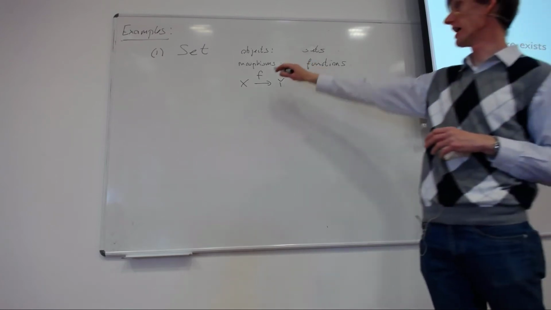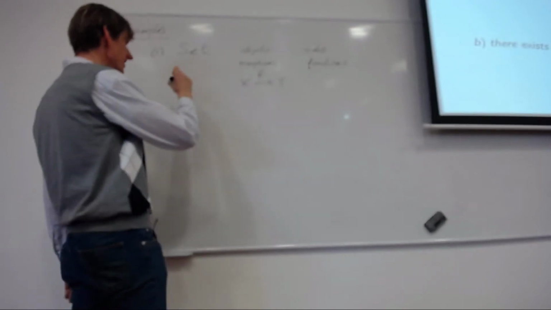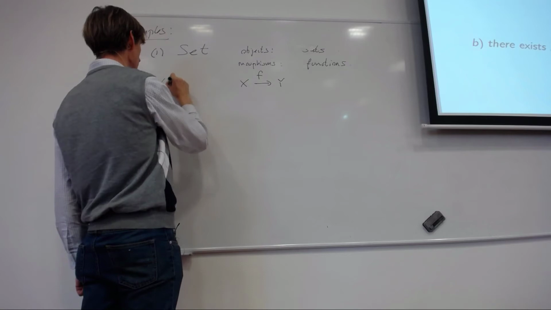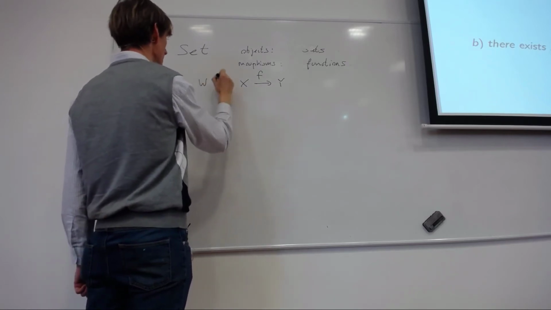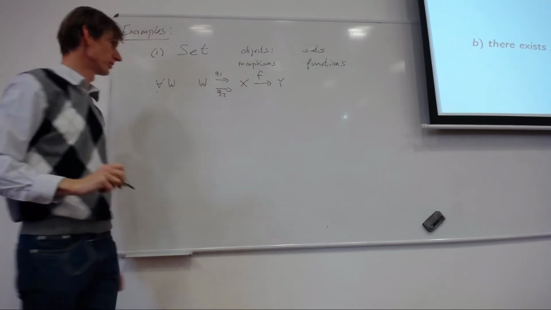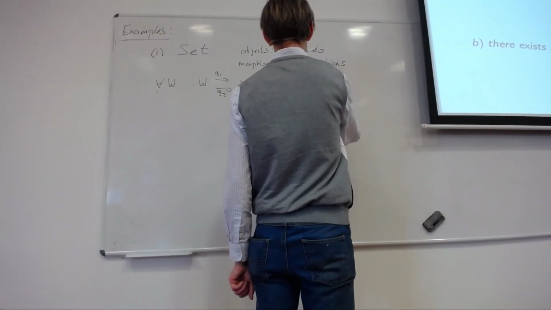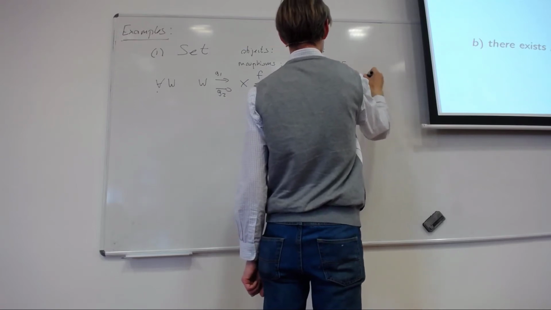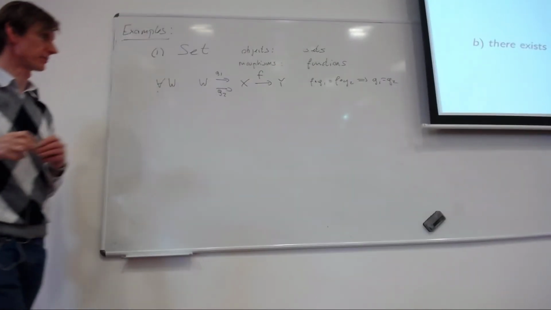So basically, an arrow f would be injective, or would be a mono, if for every object w and for every maps g1 and g2 that go from W to X, f composed with g1 equal to f composed with g2 would imply g1 equal to g2.